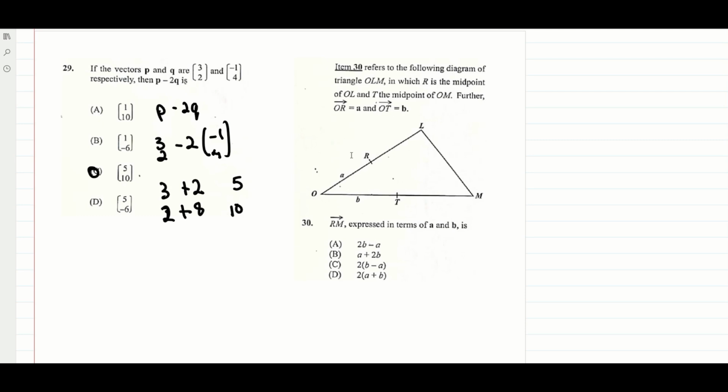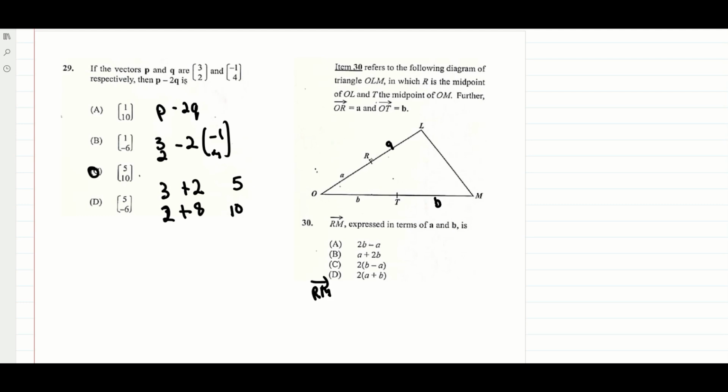So once we know that this is a midpoint, then RL is also A and OT is B, so TM is also B. Why? Because R is a midpoint of OL, so that is halfway, right? So therefore OR and RL are equal. T is the midpoint of OM, so therefore OT is equal to TM, right? They want to know what is RM.